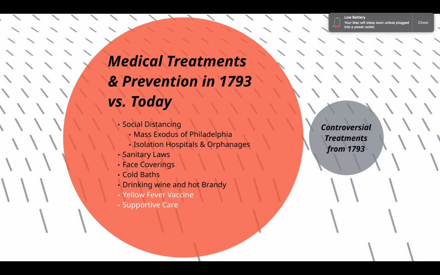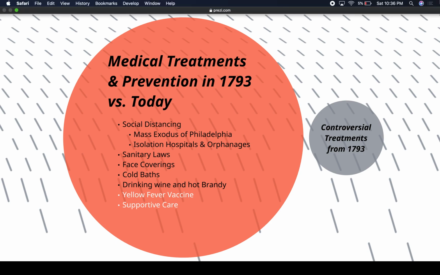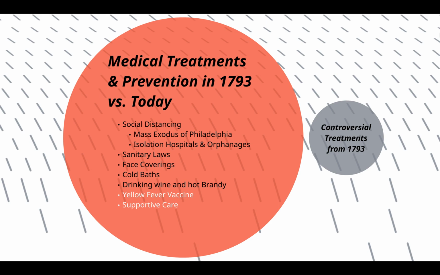Now, this is because at the time, a lot of parents were abandoning their kids if they showed any signs of coughing or sneezing, because there was a lot of distrust and fear at the time, which is understandable. There were also sanitary laws that were put into place, and that was to hold people accountable and to clean up the city.